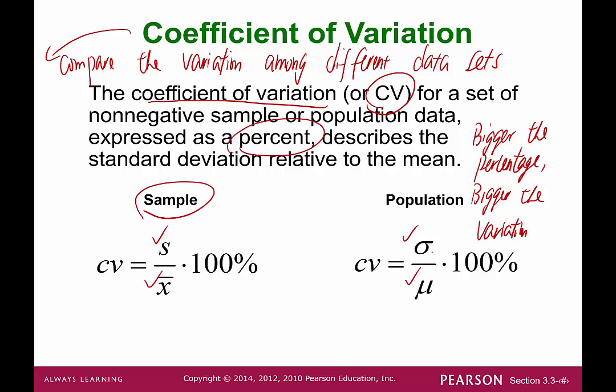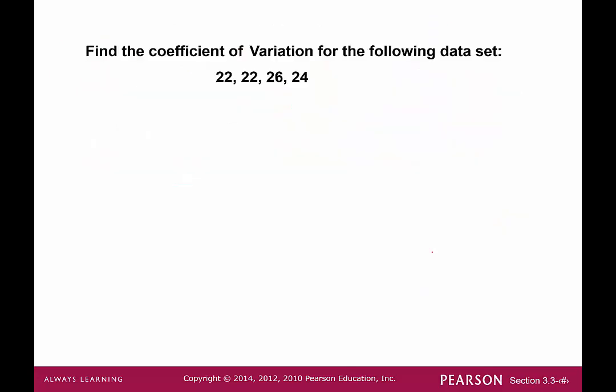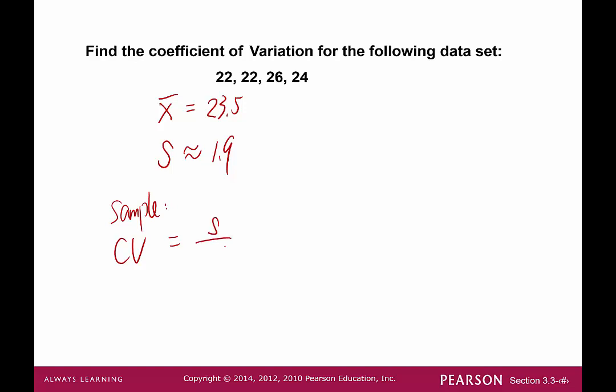So now one more time. This is the data set we worked with earlier. We know that the sample mean is equal to 23.5. The sample standard deviation is approximately 1.9. We did it earlier. So the coefficient of variation for this sample will be the standard deviation over the sample mean times 100%, using 1.9 over 23.5 times 100%.